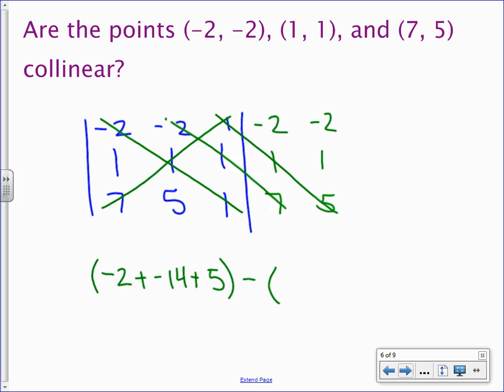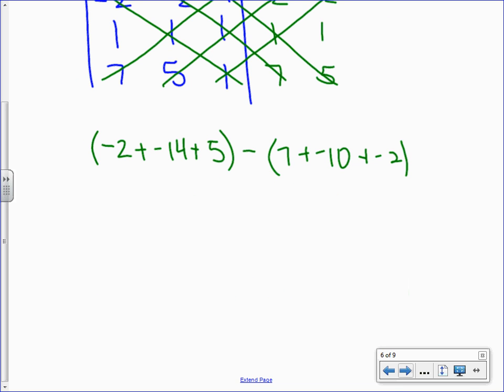Here we go with 7 and okay. So what does that give us? These three numbers give us what? -11.